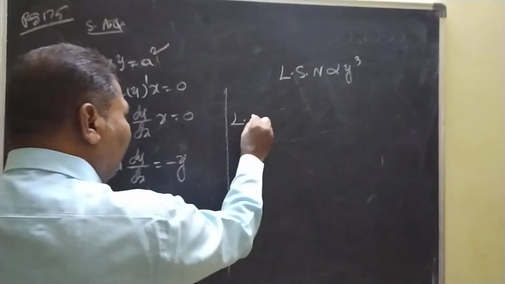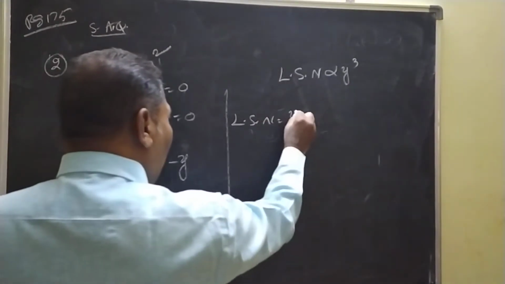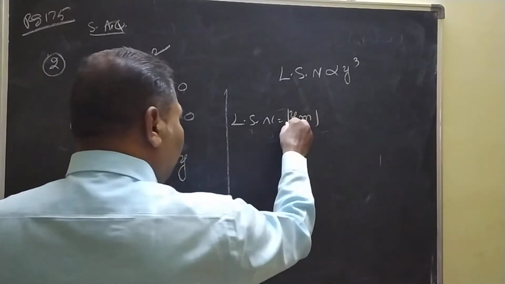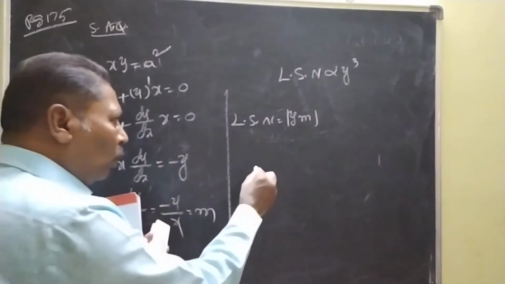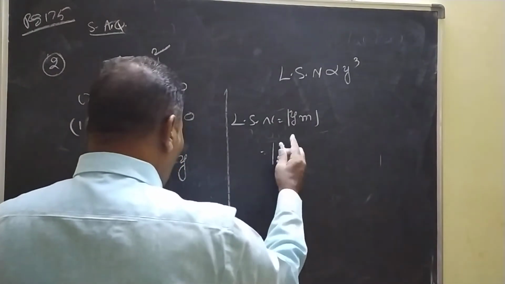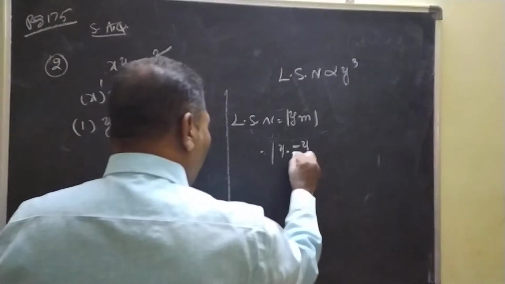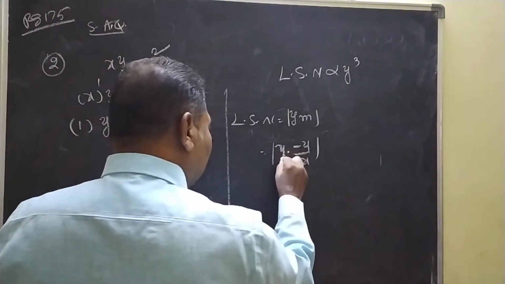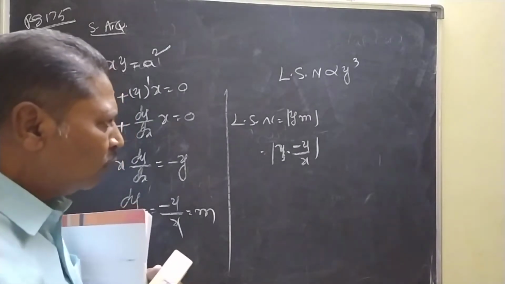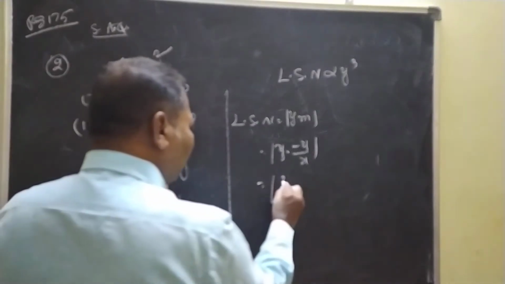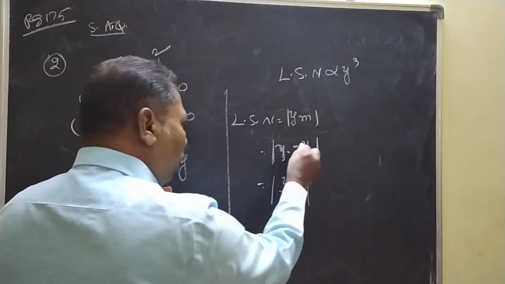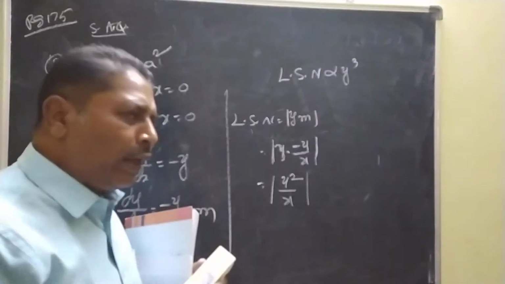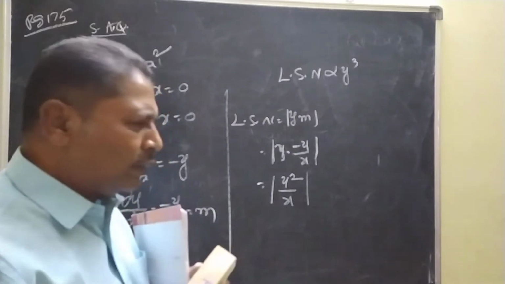So length of the subnormal is y into m. So modulus of y into minus y by x, so y square by x. That is modulus symbol, so remove minus also. Y square by x.